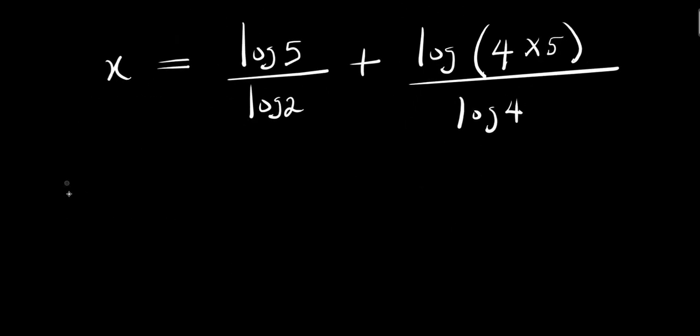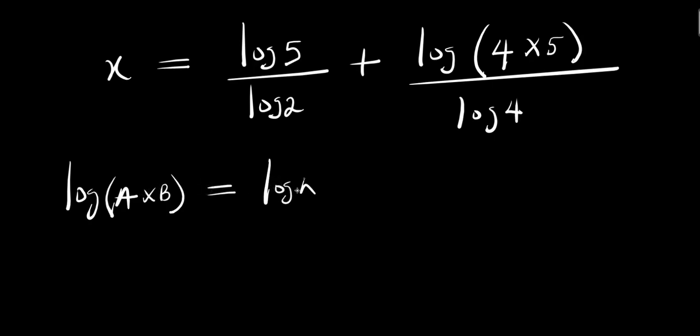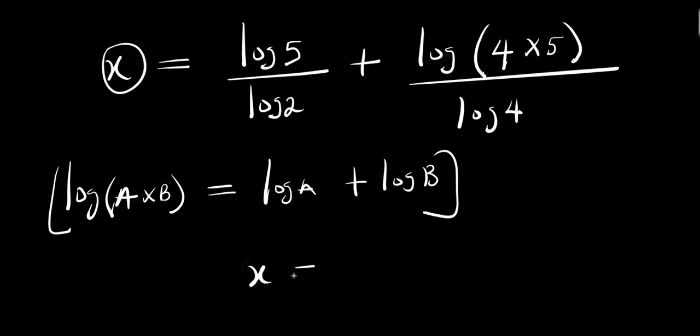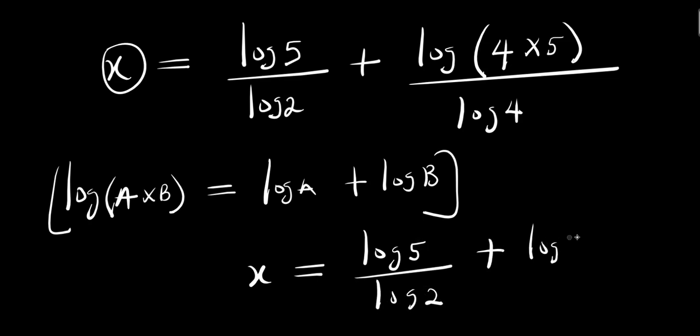So remember, log a times b equals log a plus log b. So right here, x equals log 5 divided by log 2 plus log 4 plus log 5 divided by log 4.